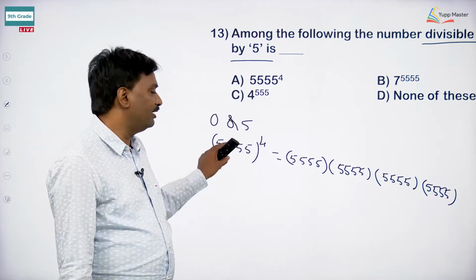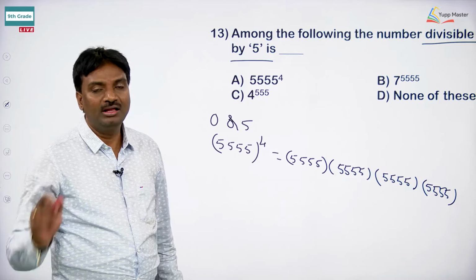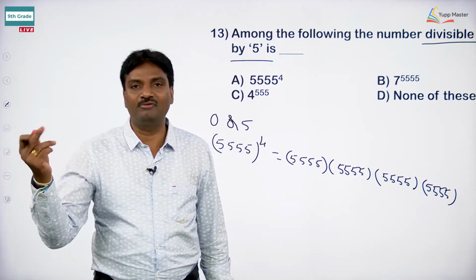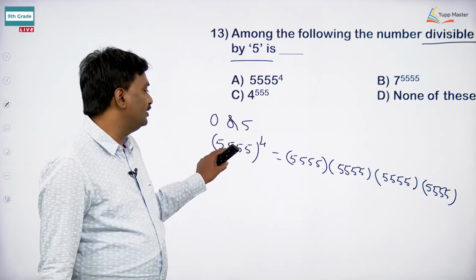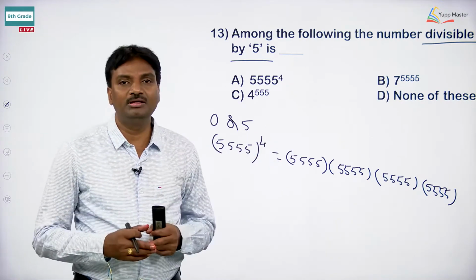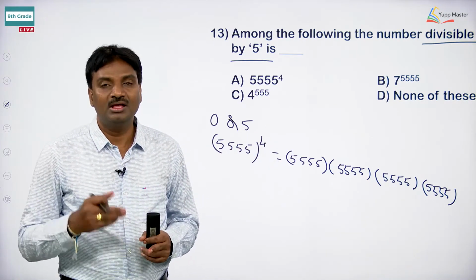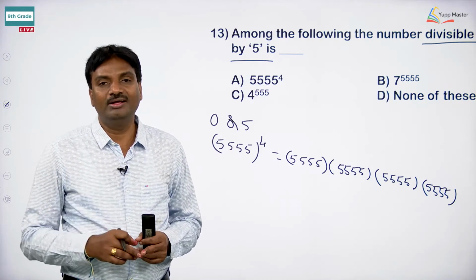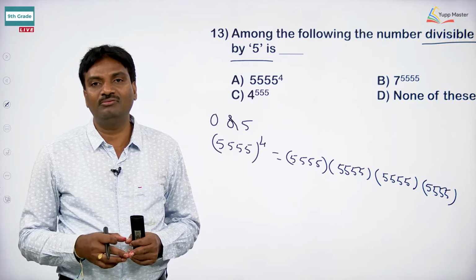For example, 5 power 4 is 5 into 5 into 5 into 5, 4 times. Here also we can write 5555 power 4 as 5555 into 5555 into 5555 into 5555.